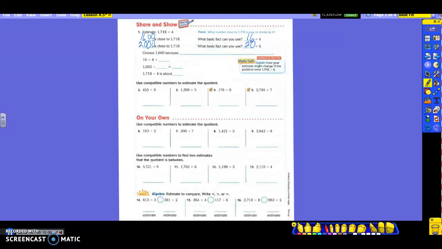Yes? Okay. So when I do that, what's 16 divided by 4? The 4 that we talked about, right? And then I have how many zeros over here? 2 zeros to add back to it. 20 divided by 4. 5. How many zeros? 2. So I'm looking at this, right? Okay, now it says choose 1,600 because, why would I choose 1,600? Cheyenne?